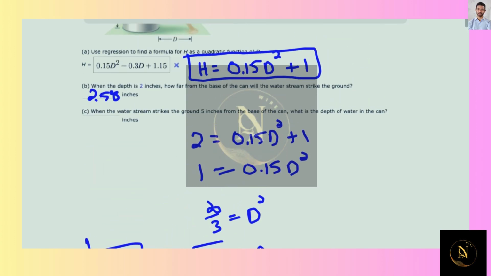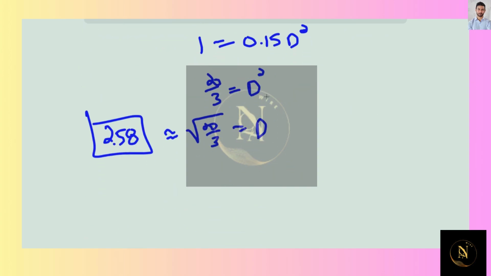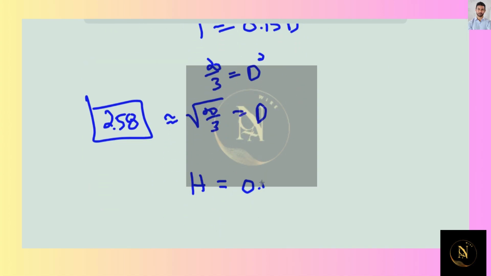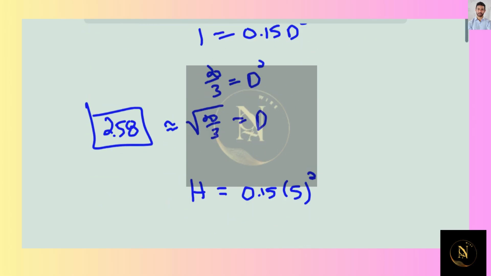substituting 5 for D. So that would be H equals 0.15 times 5, distance of 5, squared plus 1.